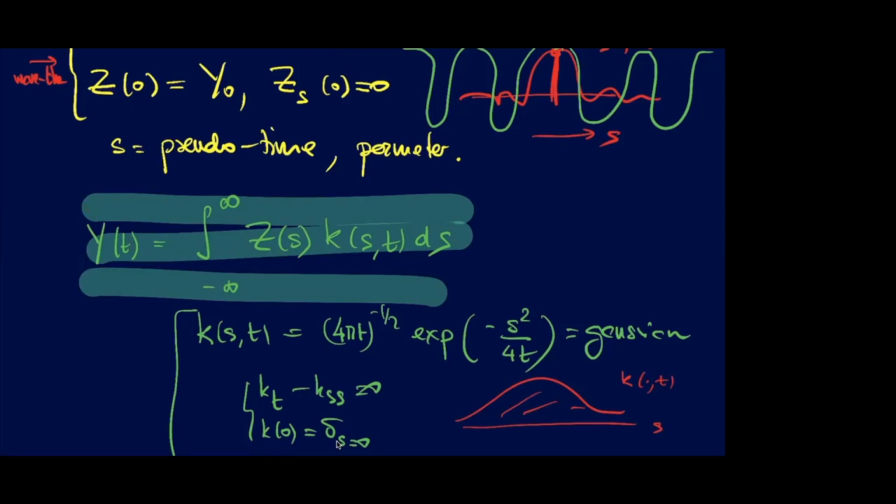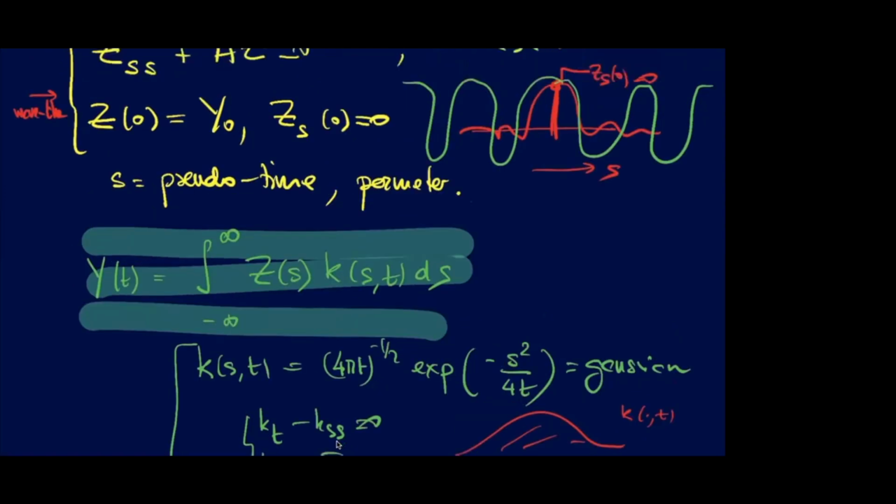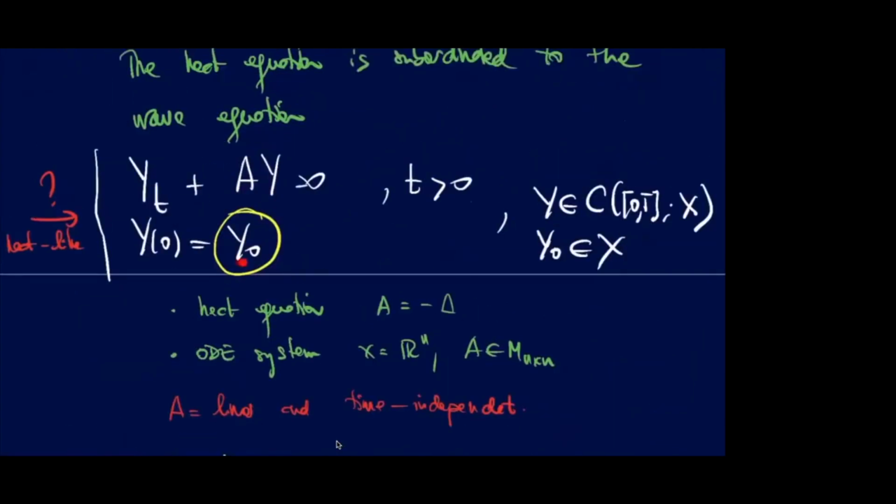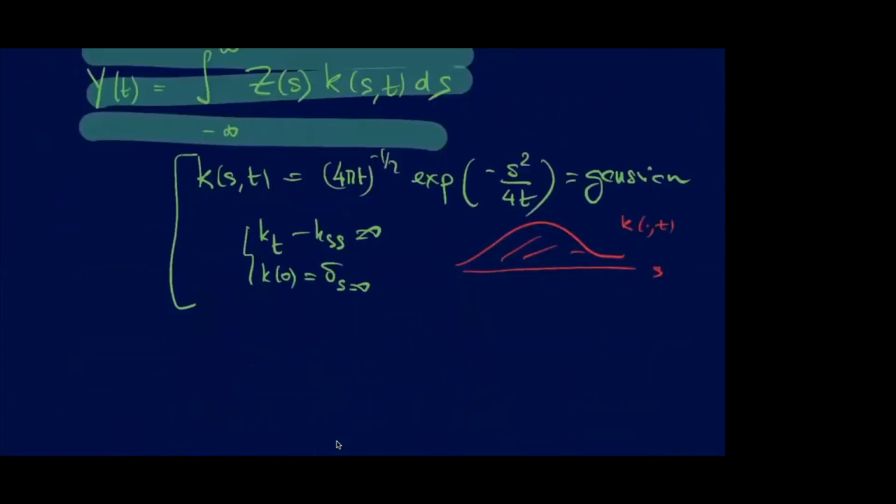That's the first remark. Now the second remark: what do I need to check? I need to verify whether y fulfills the heat equation with this initial datum. And this is true, because when you take y at t equals 0, this is by construction the integral from minus infinity to plus infinity of z of s k(s, 0) ds.